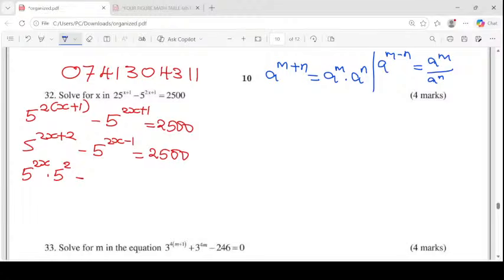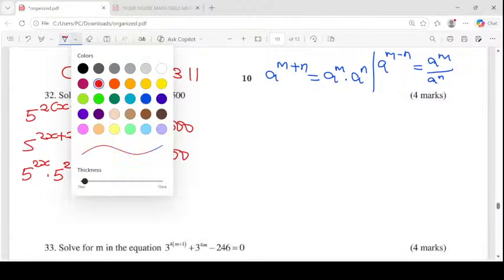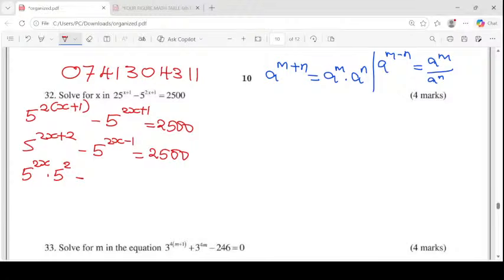So if there is that law, instead of saying 5 power 2x minus 1, considering this law I've written here at the top right, it is like saying 5 power 2x over 5 power 1. This should be equivalent to 2500.